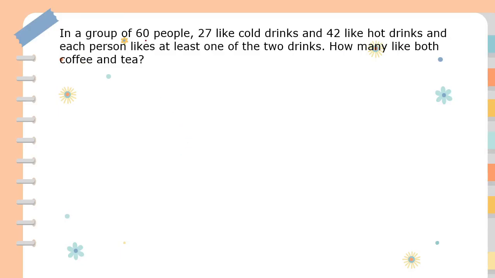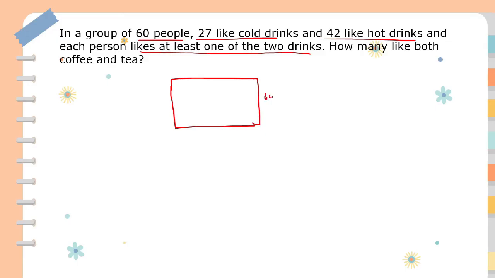In a group of 60 people, 27 like cold drink, 42 like hot drink, and each person likes at least one of the two drinks.